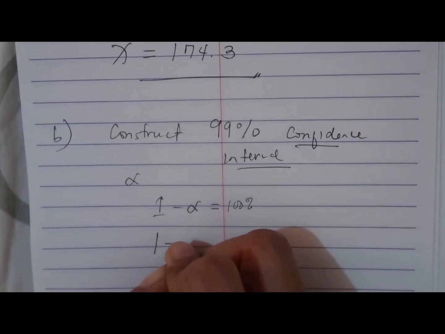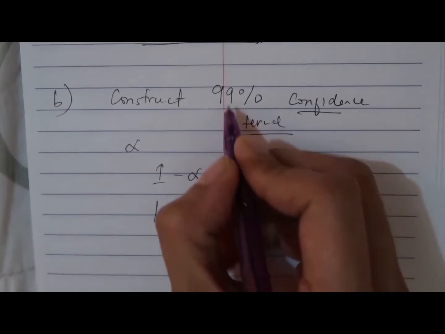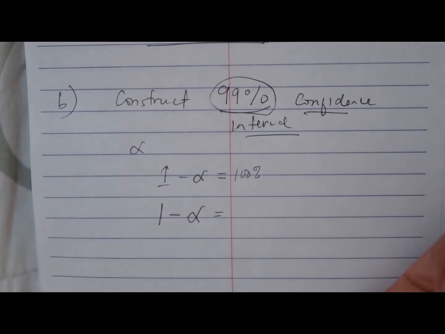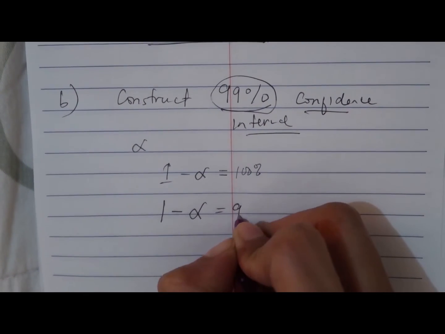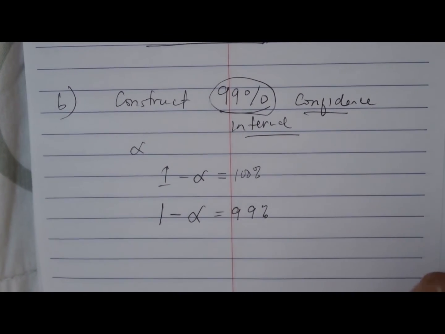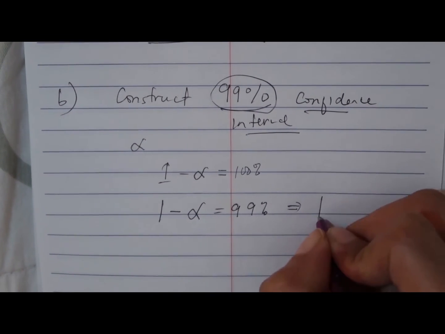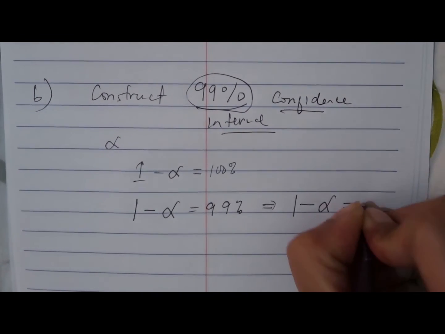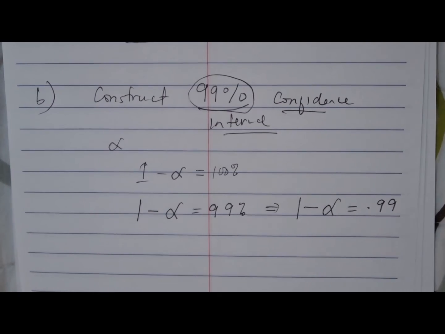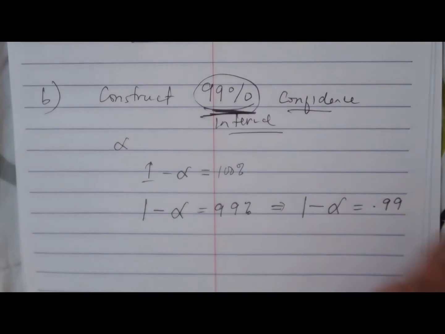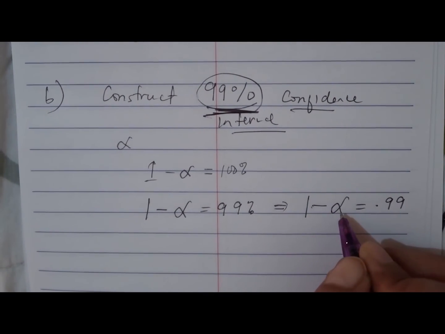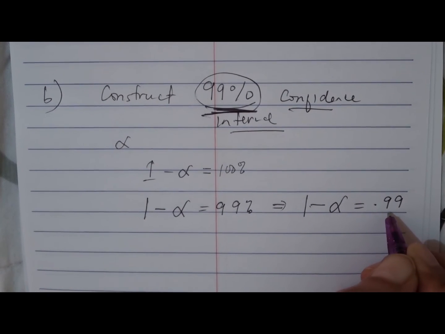So 1 minus alpha, what is the given? The 99%. So 1 minus alpha is equal to 99%, or simply 1 minus alpha equals 0.99.